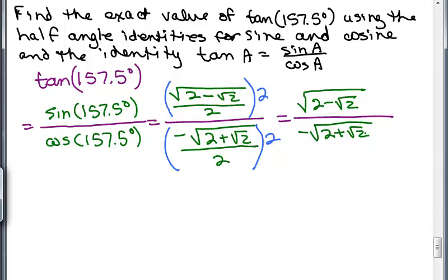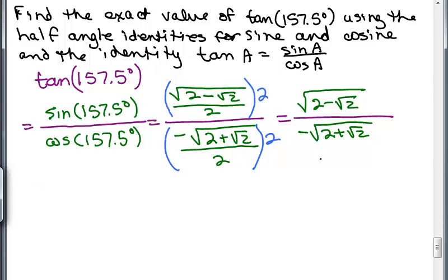Okay, well, now this is an irrational denominator. So now I have to get rid of the irrational denominator. There are two ways of doing it, but I'm going to get rid of that minus sign.